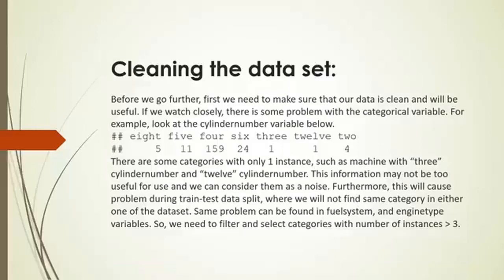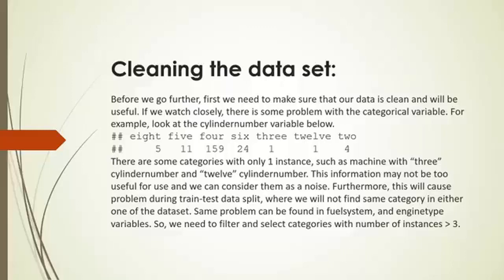Cleaning the dataset. Before we go further, first we need to make sure that our dataset is clean and will be useful. If we watch closely, there is some problem with the categorical variables. Look at the cylinder number variable in the slide. There are some categories with only one instance, such as engines with 3 cylinders and 12 cylinders.